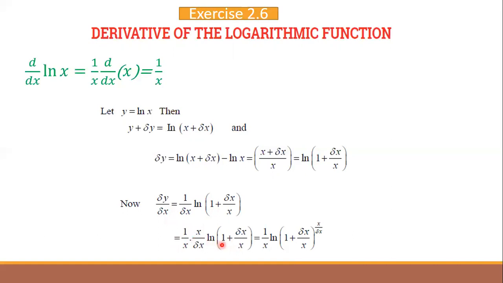As we know, there is a property that if there is a power inside the log, then the power comes to the front, and if the power is in front, it can be written in the form of a power. So x by del x goes to the power. The remaining is 1 over x natural log of 1 plus del x over x, raised to the power x by del x.